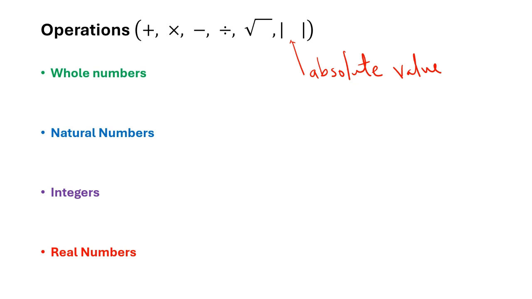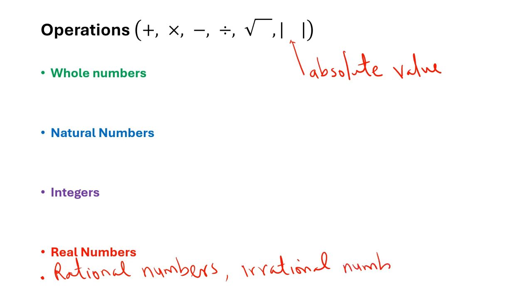We also have other forms of numbers, such as rational numbers. You also have irrational numbers, and we have complex numbers.